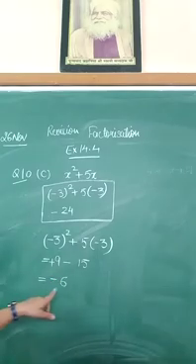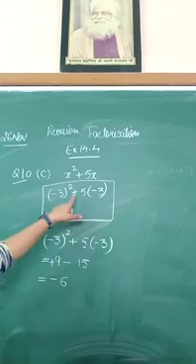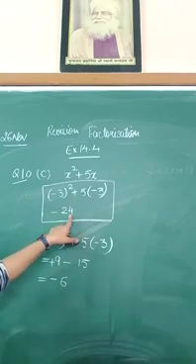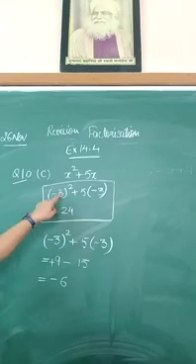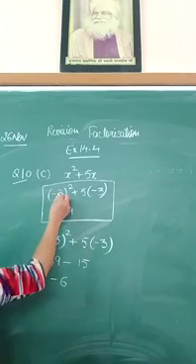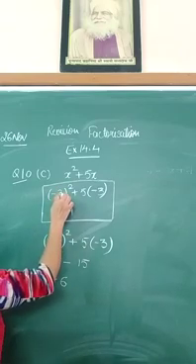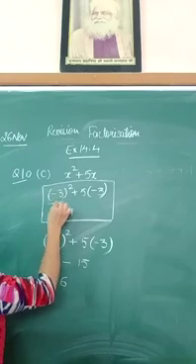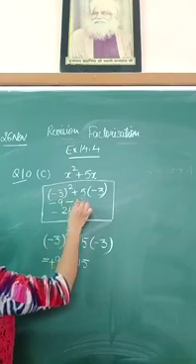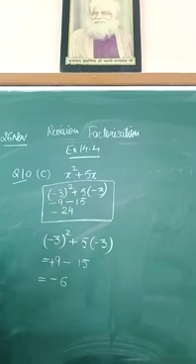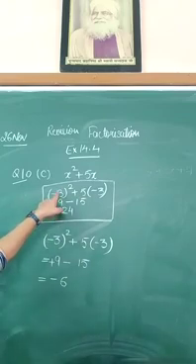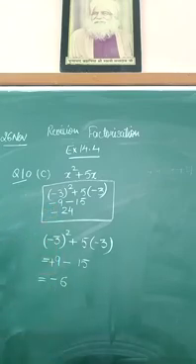So according to me I am getting minus 6 as the answer, but in the question it is given that minus 24 is the answer. So it is wrong, because when you take the square of minus 3 it will be 9, but in the book they have written minus 9, so that's a mistake. Square of minus 3 will be plus 9, not minus 9. So this is the error.